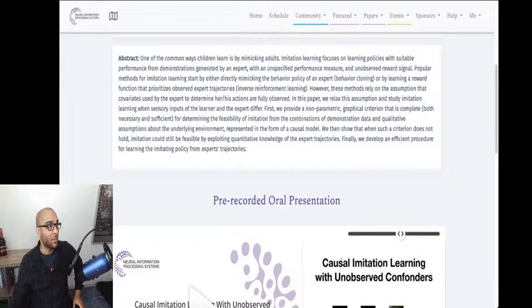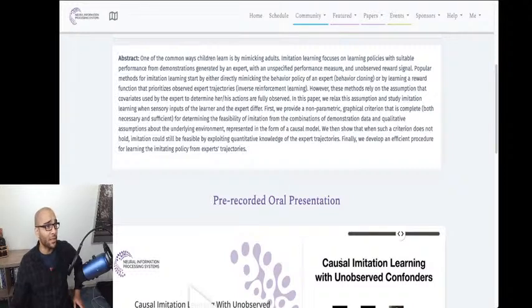Popular methods for imitation learning start by either directly mimicking the behavior policy of an expert, behavior cloning, or by learning a reward function that prioritizes observed expert trajectories, inverse reinforcement learning. However, these methods rely on the assumption that covariates used by the expert to determine his or her actions are fully observed. So let's just hash that out.